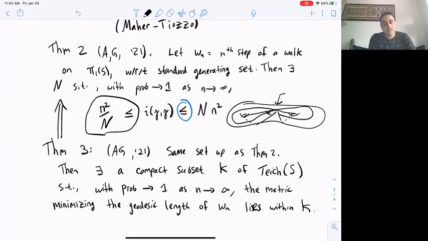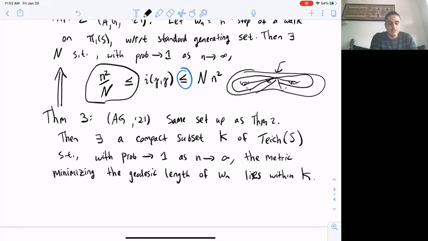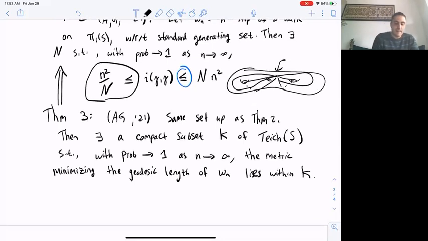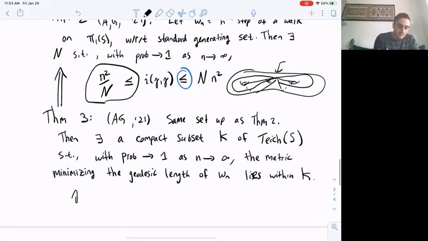Oh, and sorry, in this theorem here, there should be little n's. They're supposed to be parameterized by the walk, of course.